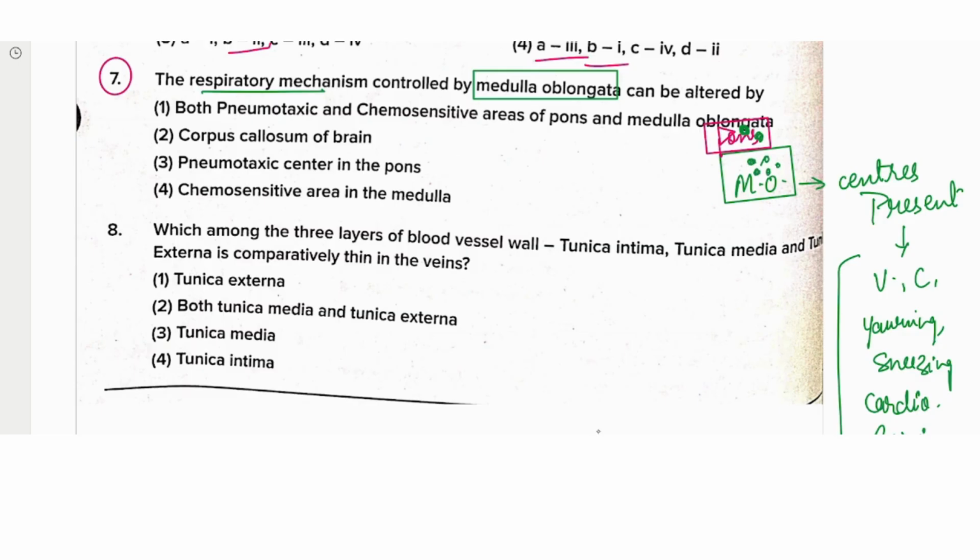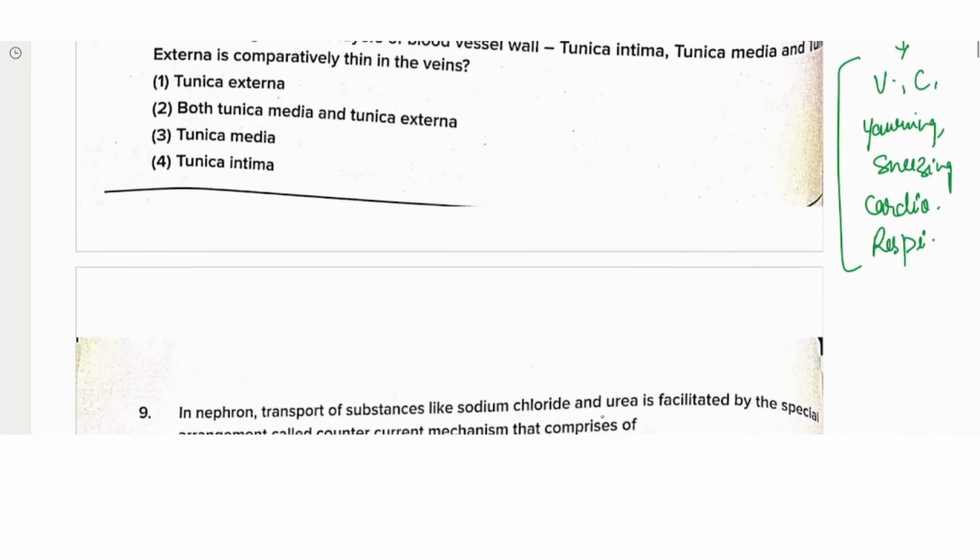So both collectively control the cardiovascular as well as the respiratory centers and some other points which I told you. So both the pneumotaxic and the chemosensitive area of the pons as well as the medulla oblongata, all the terms are present. They are together responsible for controlling these centers.